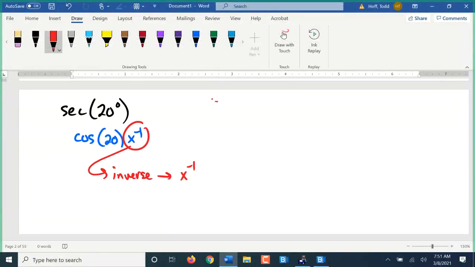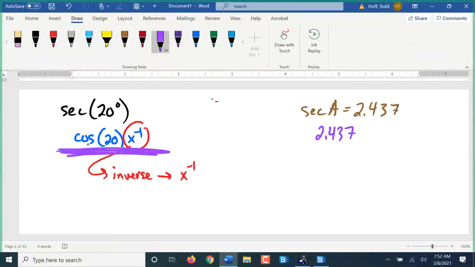So if I am given something like secant of angle A equals 2.437, I would have calculated that by doing cosine of A and then x negative 1. To go the other direction, of course, I start with the 2.437. The last thing that was done over here, the x negative 1, that's got to be the first thing done here.